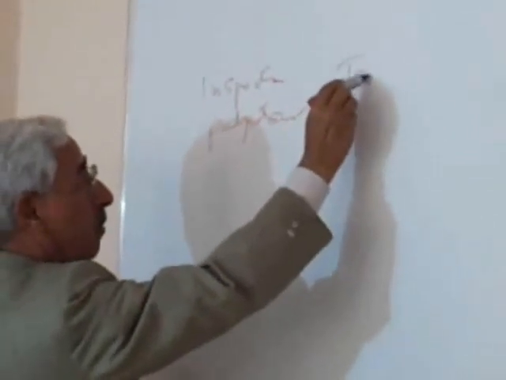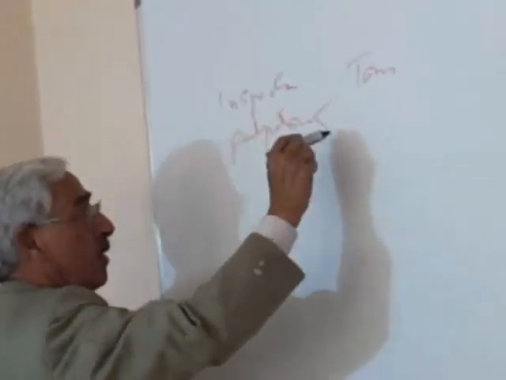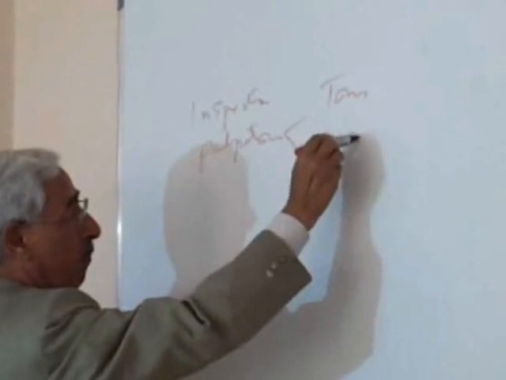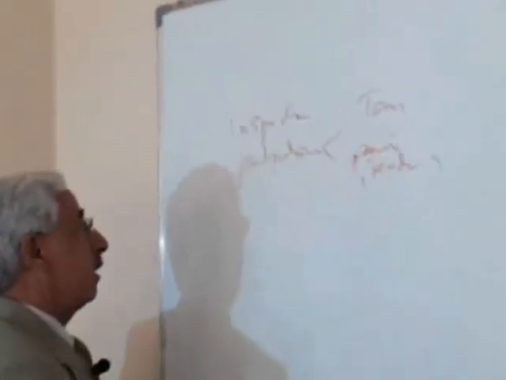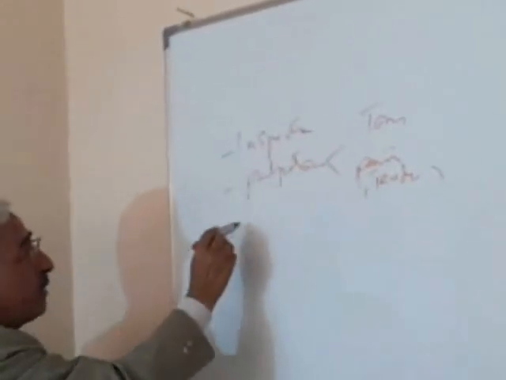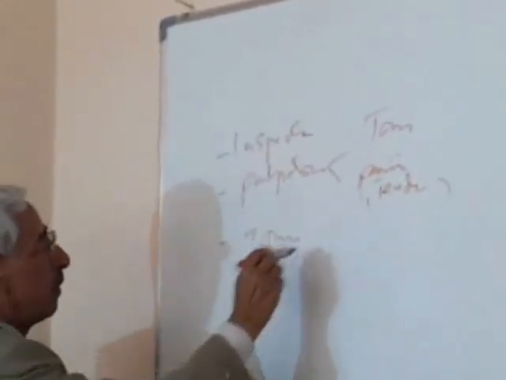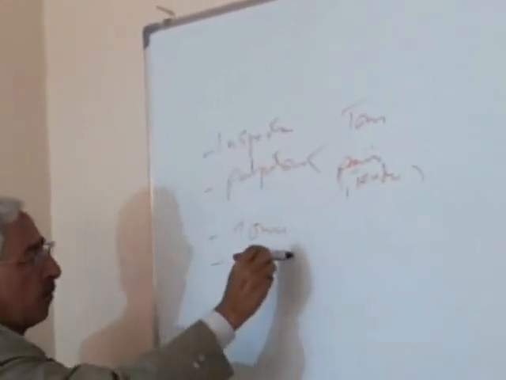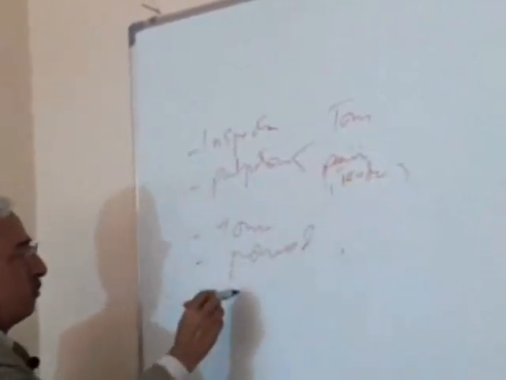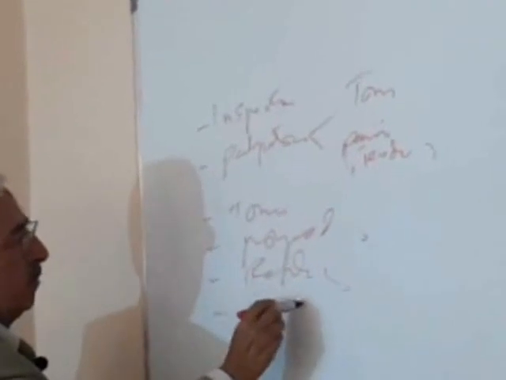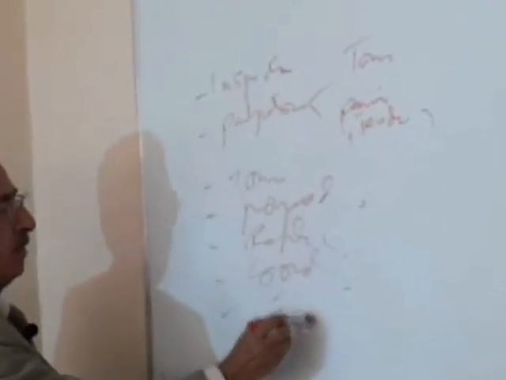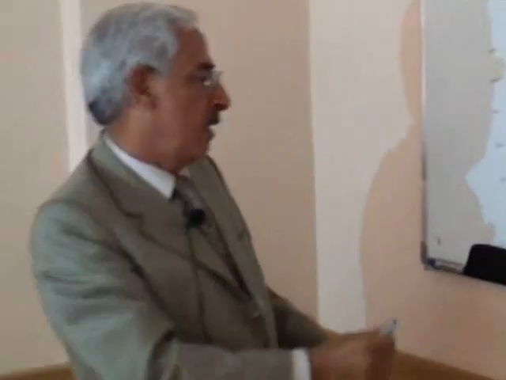For tone, for if there is any pain, tenderness, right? Inspection, palpation, and then you do the tone, and then you do the power, then you do the reflexes, coordination, and gait, and gait at the end, right? So we are going to do all this on the patient.